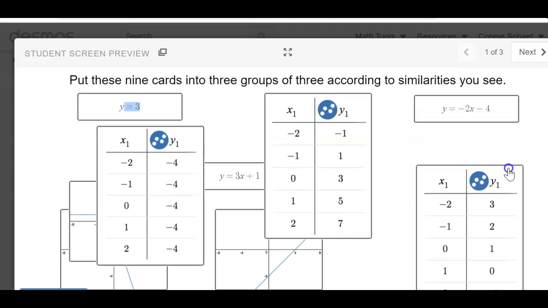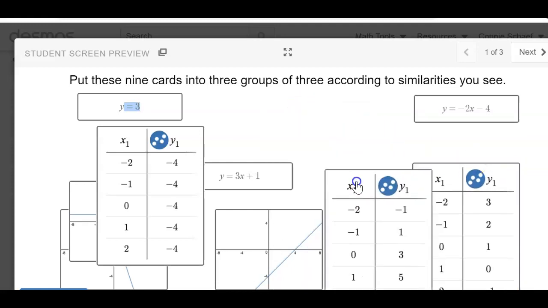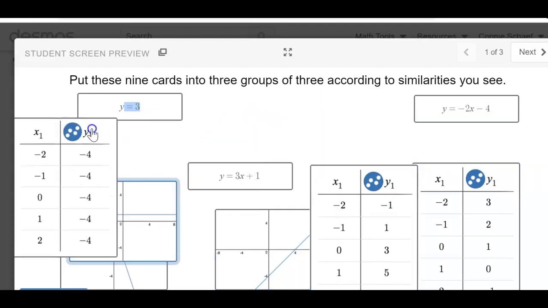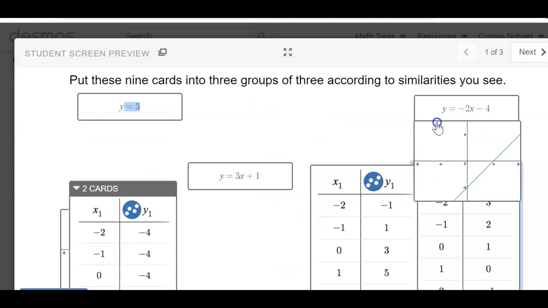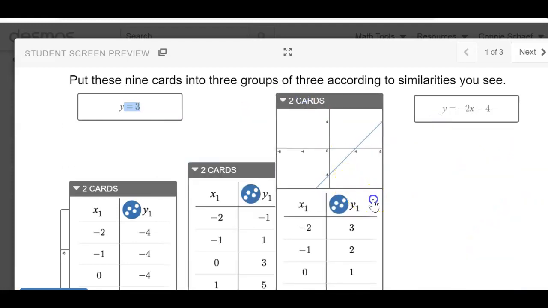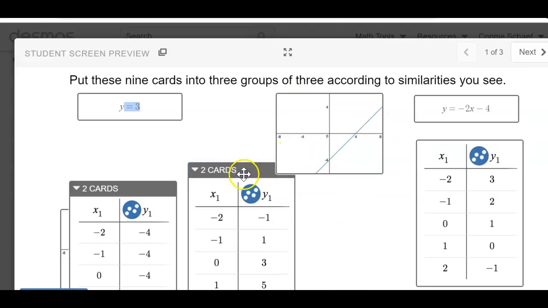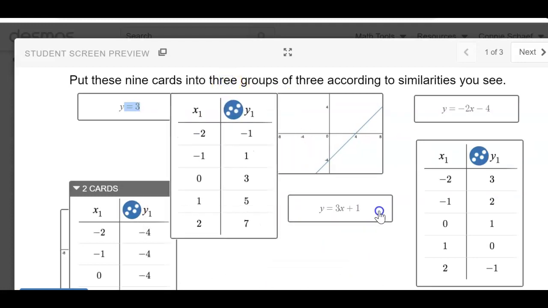And so let's see if we can find the one that works here. Anyway, here's a minus. That's not a slope of 4, but here's the graph. Again, you can match those up. You can take them apart if you don't like how they're matched up. But anyway, it's just like that card sort I showed you, but it is on Desmos.